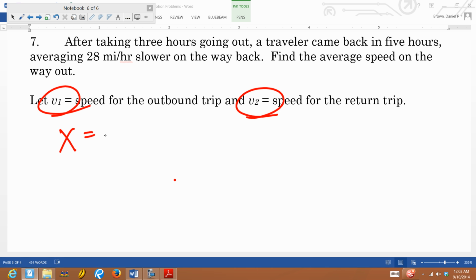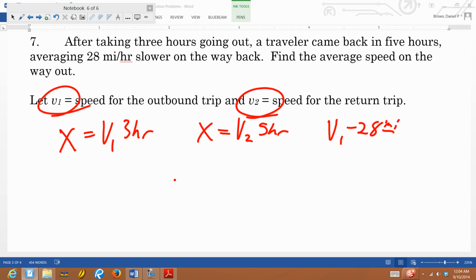So we have V1 times 3 hours. We have V2, which is slower than V1. And that's going to go for 5 hours. All right. And over here I can write down the relationship that I can use to plug in and solve.